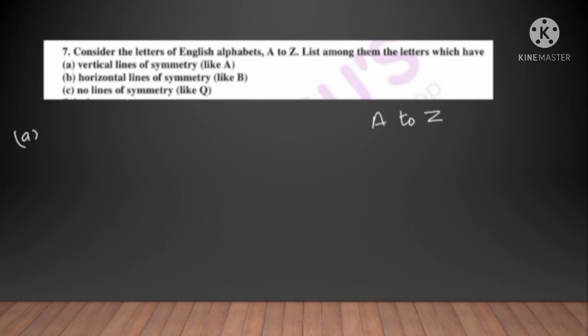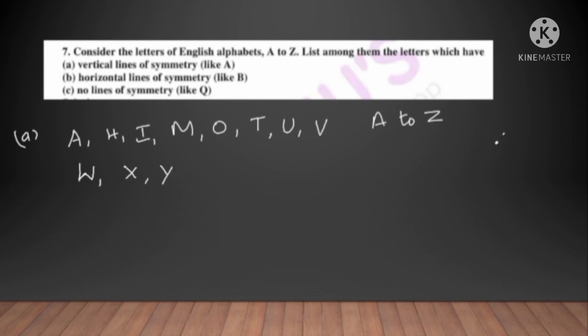What are the alphabets? A, H, I, M, O, P, U, V, W, X, Y. So these alphabets have a vertical line of symmetry.